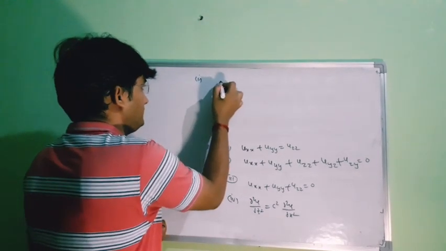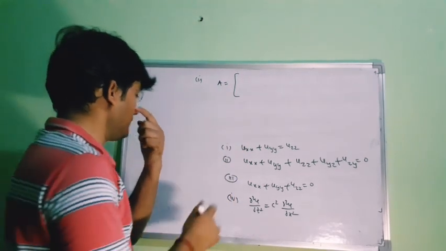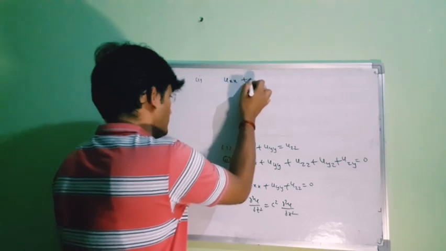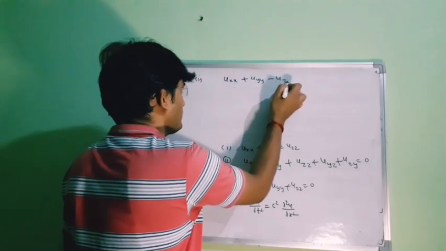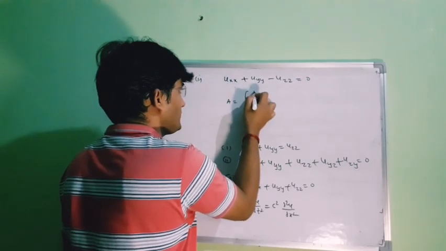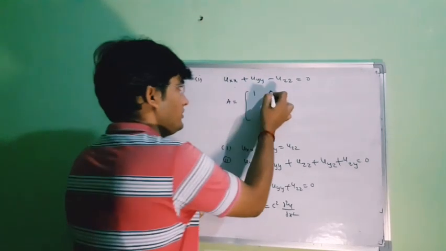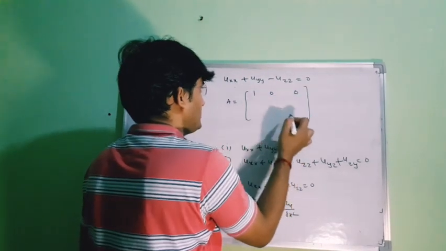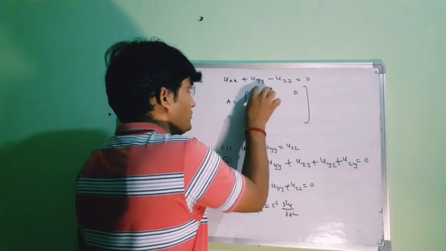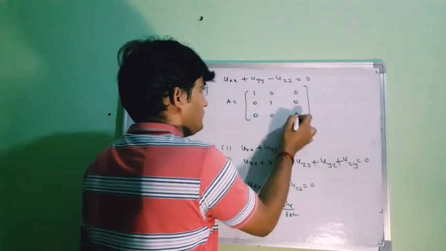For the first part, this equation can also be written as uxx plus uyy minus uzz equal to 0. So the coefficient matrix will be: the coefficient of uxx is 1, uxy is 0, uxz is 0, uyx is 0, uyy is 1, uyz is 0, and then we have this one.